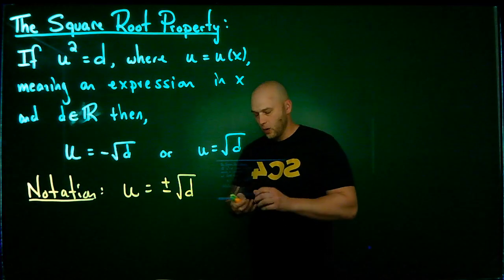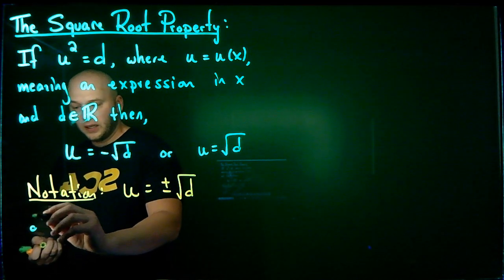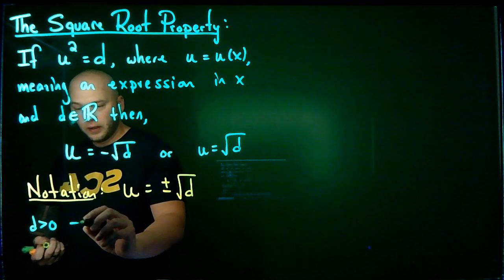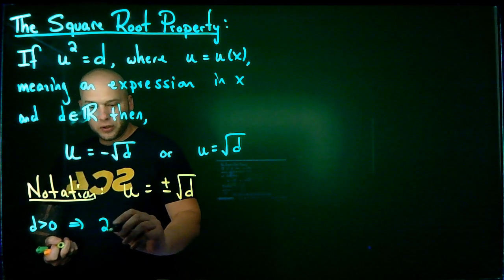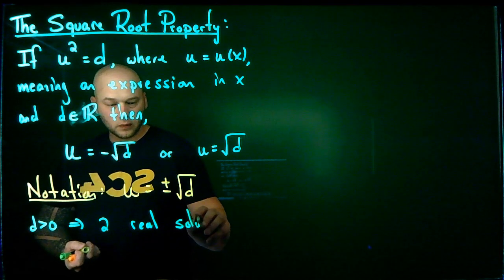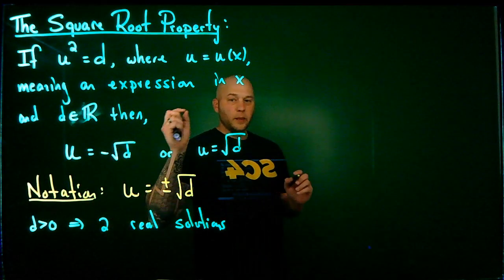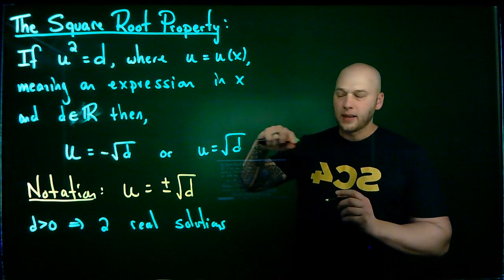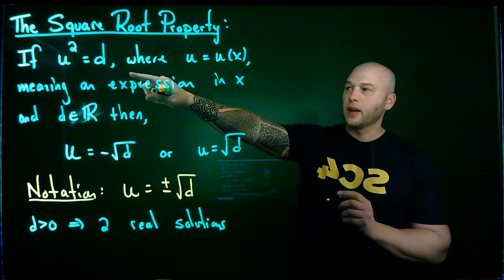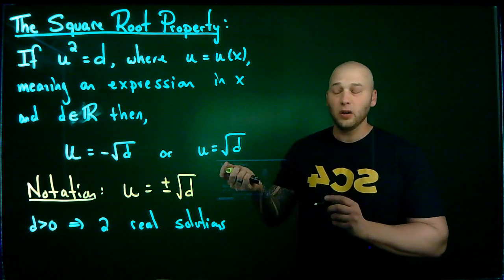Now, if d is positive, then there's two real solutions. Let me make an aside comment that I'm going to assume that u is an expression of x, but u is linear.